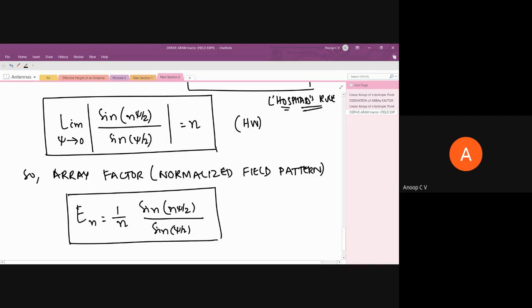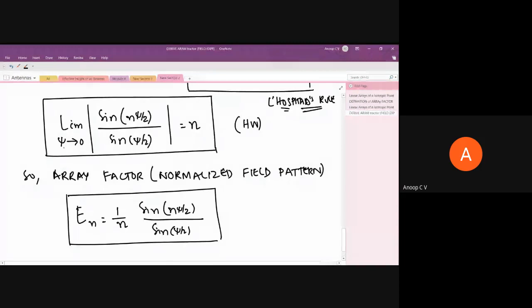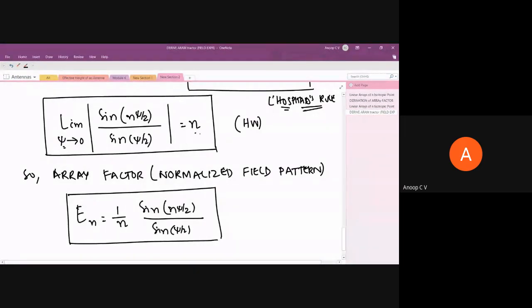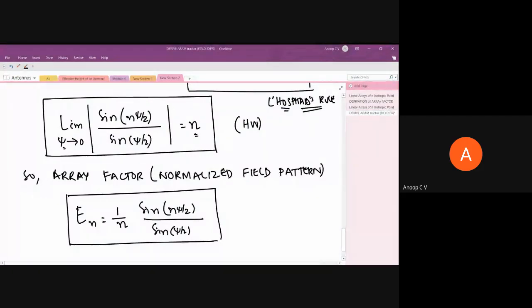Why? Because the maximum value of sine n psi by 2 by sine psi by 2 happens when psi equals 0, and that is equal to n. What is n, Savan? Number of sources. In fact, we assumed E naught equal to 1.